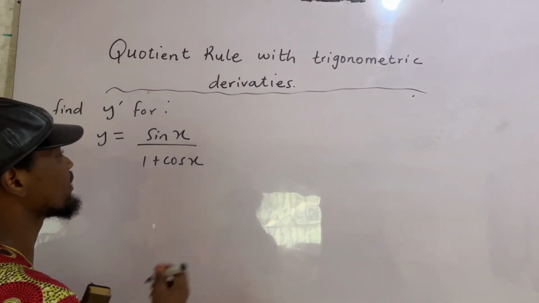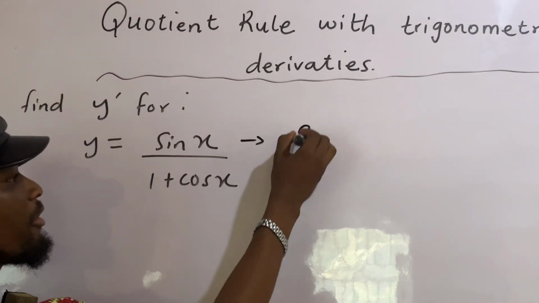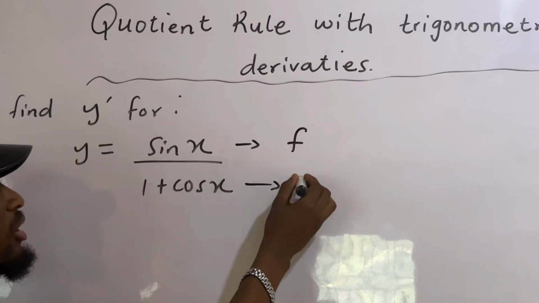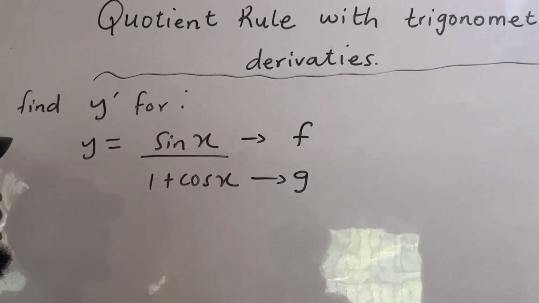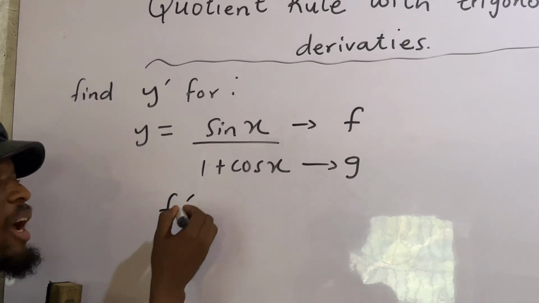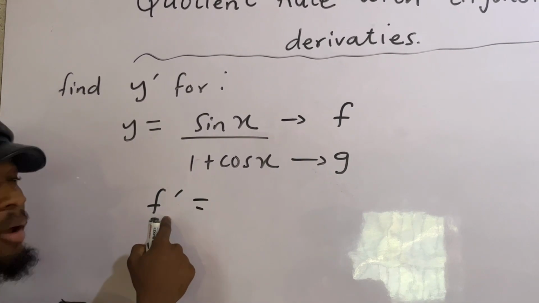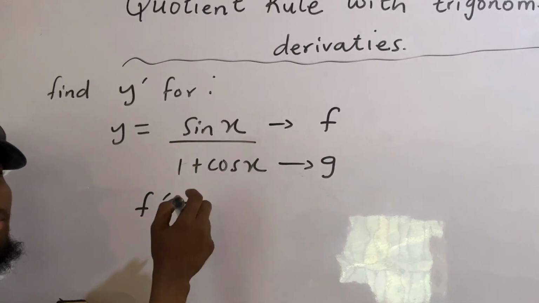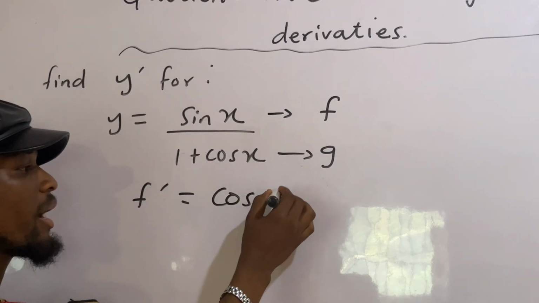So we can say this is my function f. This is my function g of x. Now if I differentiate the function f, I'll have f prime. If I differentiate sine x, I have cos x.